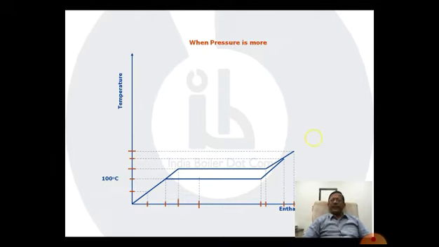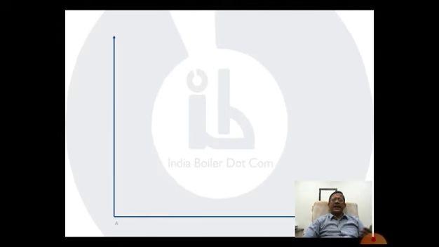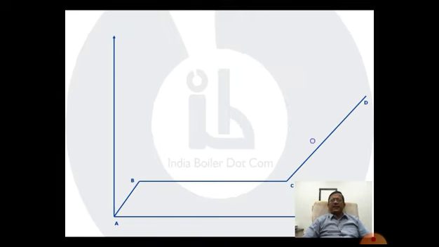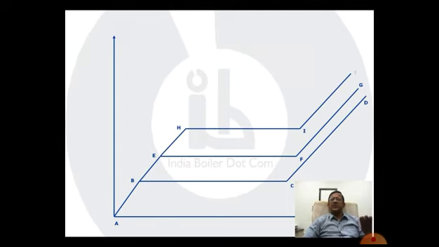This way, I can continue having different pressure lines at higher pressures. For example, let us say A, B, C, D is one pressure line. Then I have a higher pressure line A, E, F, G. Then perhaps an even higher pressure, and the line will go to A, H, I, J. Similarly, even higher pressure, A, K, L, M, and so on.